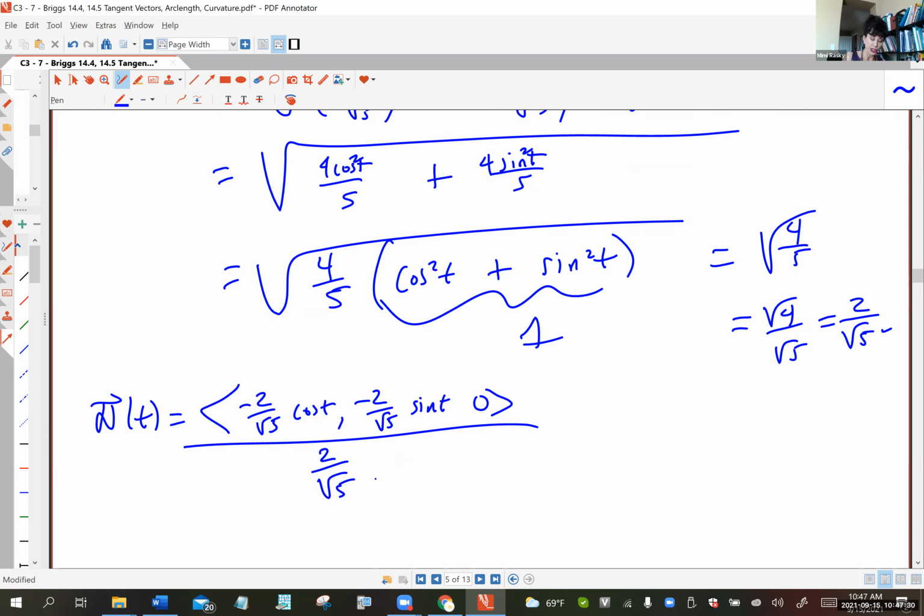I think you can appreciate that after I distribute, when I divide by 2 over square root of 5 for all 3 of those components, we get some reducing to lowest terms. And so it looks real sweet now. It's just negative cos, negative sine, and 0 for the components of big N. Ooh, convenient. Okay, so we're getting somewhere. There's big N. Now go get big B.